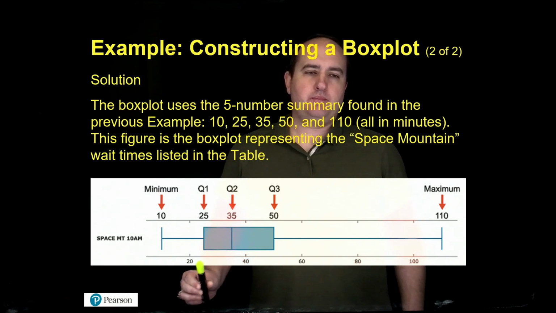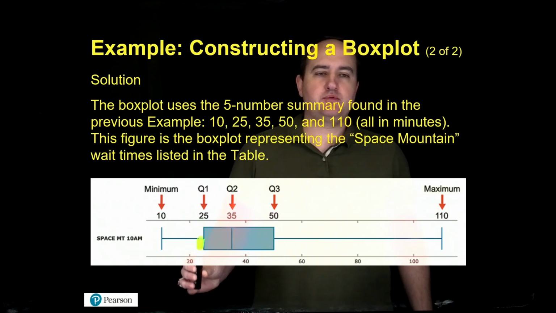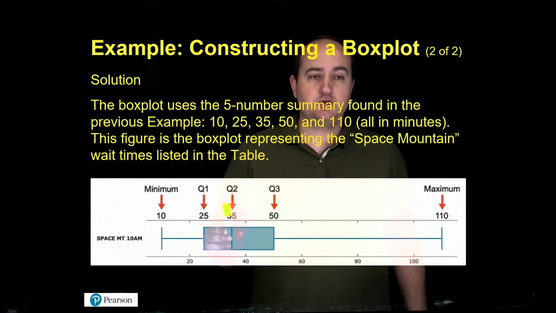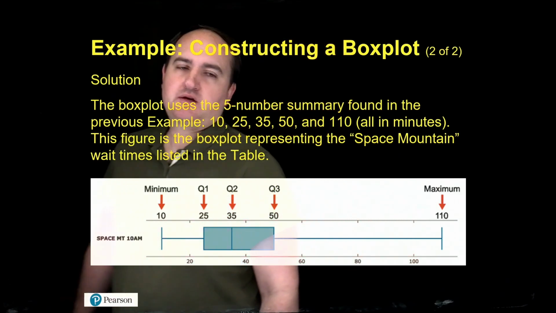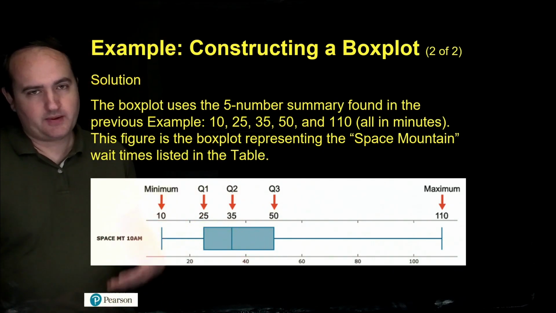And once you have this horizontal scale, you're able to easily plot Q1, which is the left side of this box, Q2, which goes in the middle of the box, and Q3, which is the right side of the box. So why is it called a box and whisker diagram by some people?